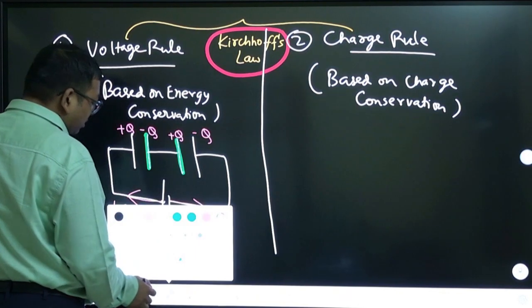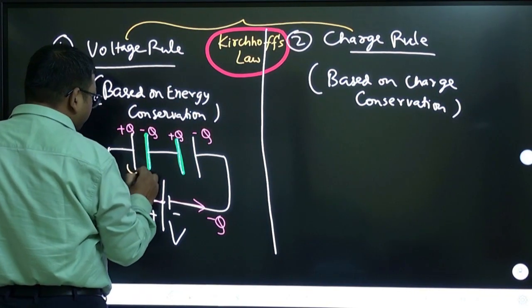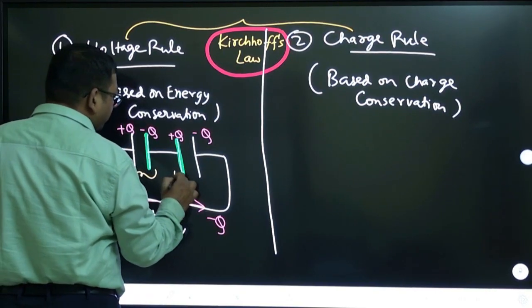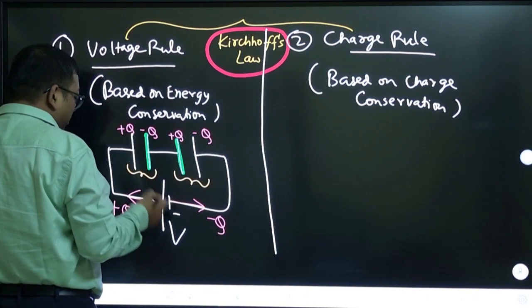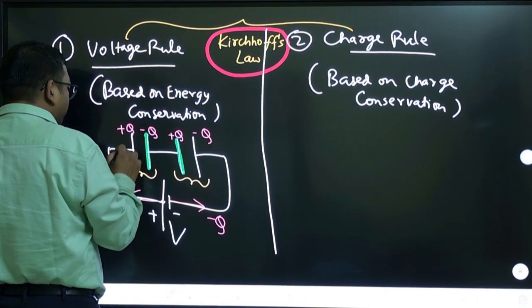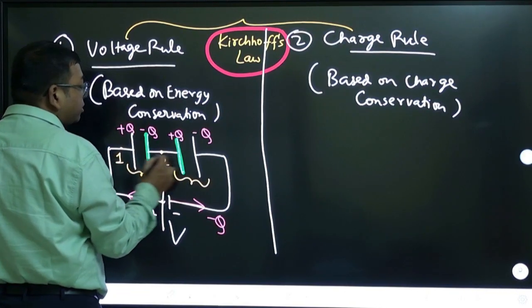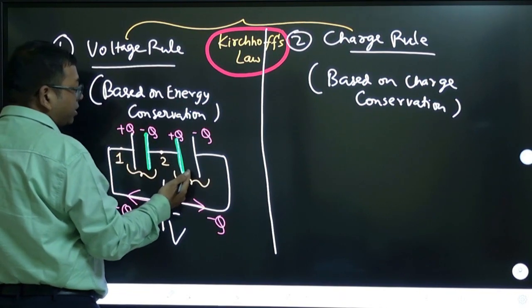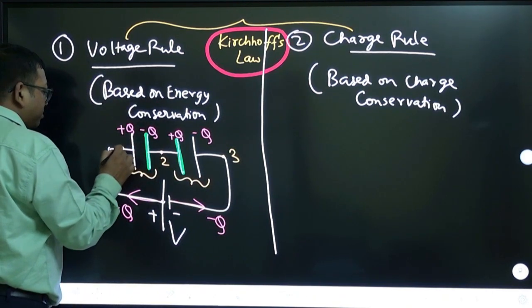Try to understand this voltage rule here. Suppose you take the difference of potential here and the difference of potential here. Better you name these points. Let us name this point as point 1 and this side as point 2. Note that these two are connected to the same point 2, they will have the same potential. This side is point 3.